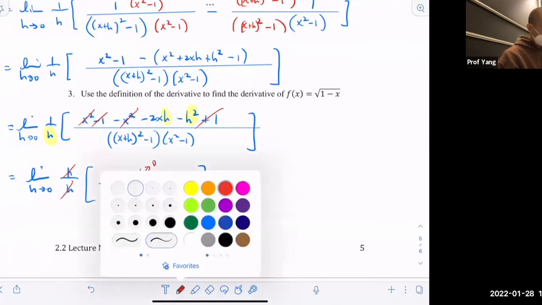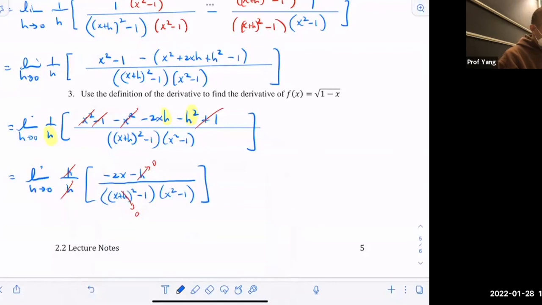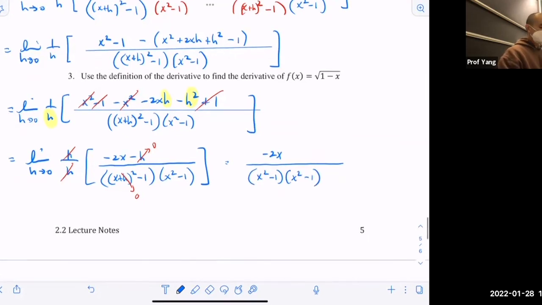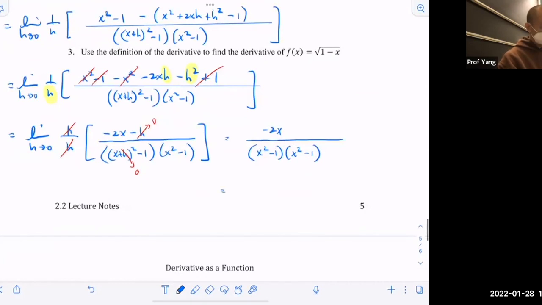So we end up with minus 2x in the numerator, and in the denominator, I'm going to have x squared minus 1 times x squared minus 1. And this gives us minus 2x over (x squared minus 1) squared.